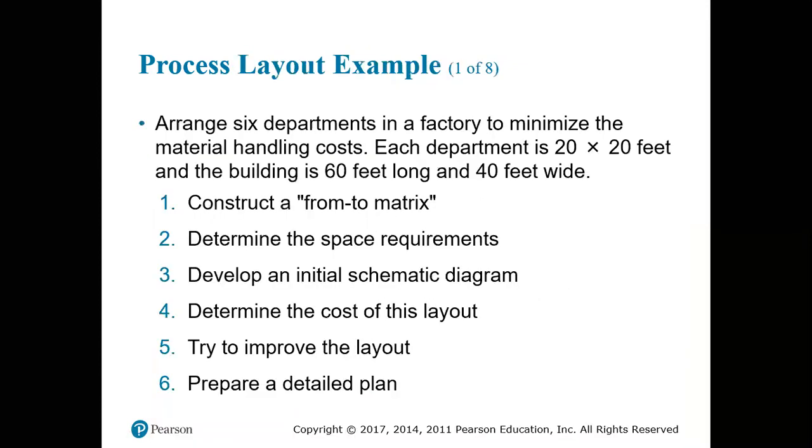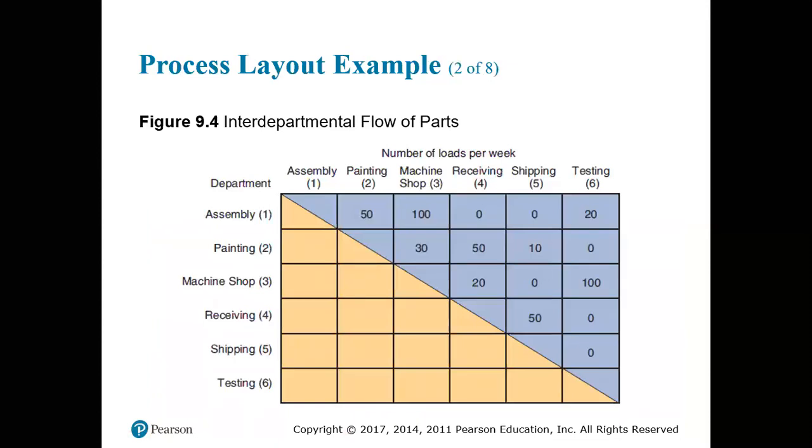Okay, so figure 9.4 looks at the interdepartmental flow of different parts amongst 6 different departments. Okay, so if you're trying to read this here, we have starting with the department 1, which is assembly.